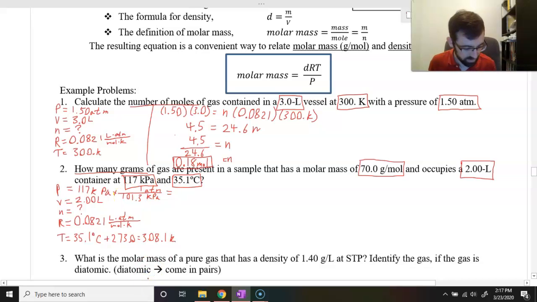So we get 117 times 1 over 101.3 and end up with 1.15 atmospheres. Now keep in mind, it says how many grams. It doesn't ask how many moles. So whenever I find moles, I'm going to have to convert them to grams.